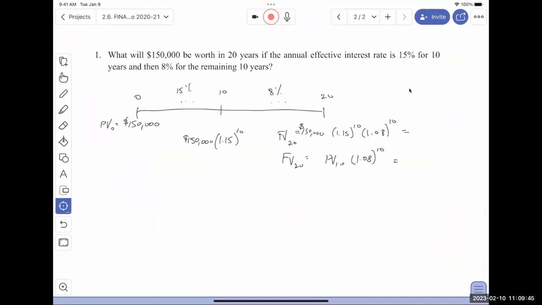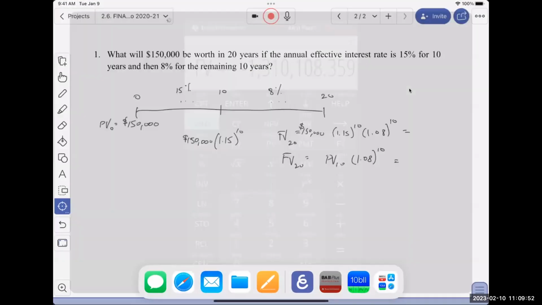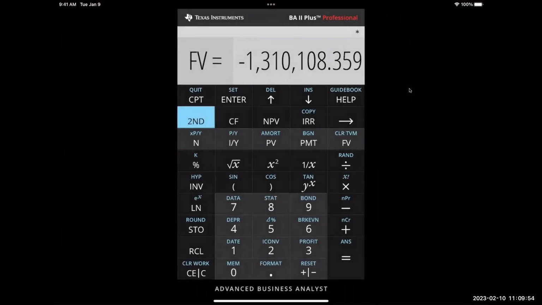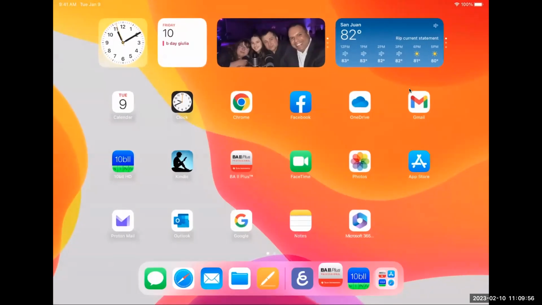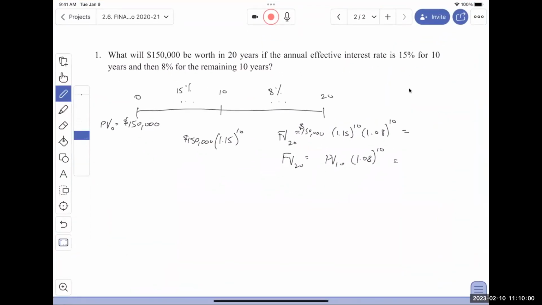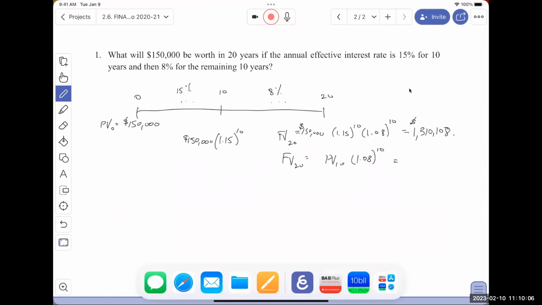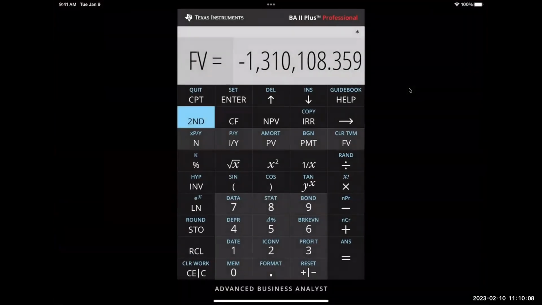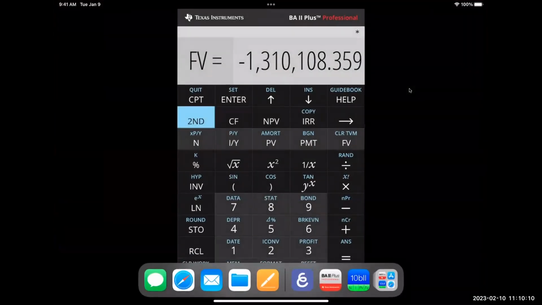All right, so I never did put the number up. The number is 1310108. $0.36.